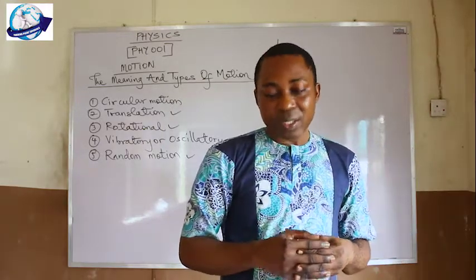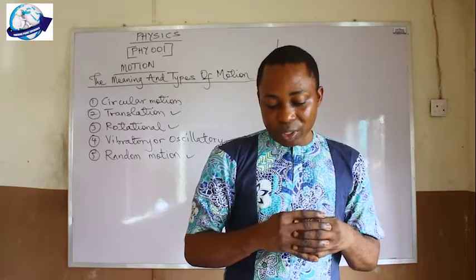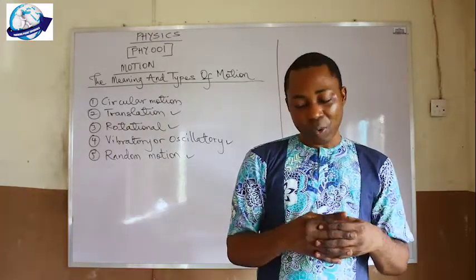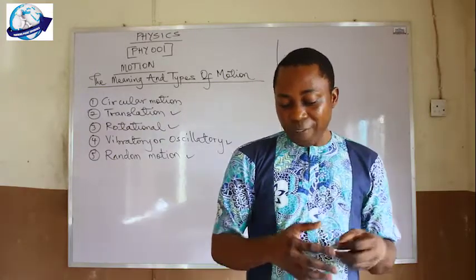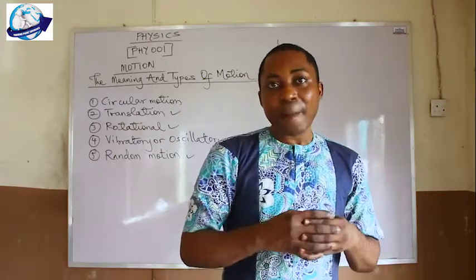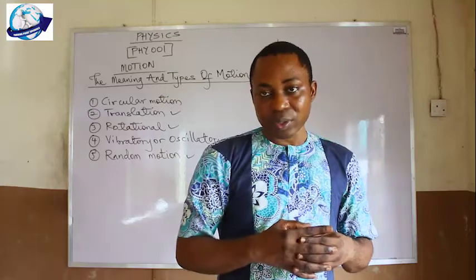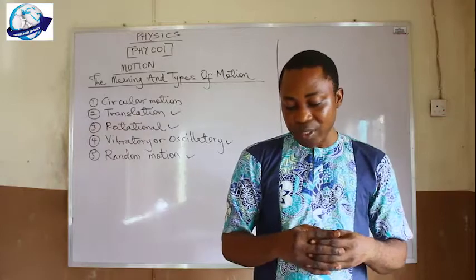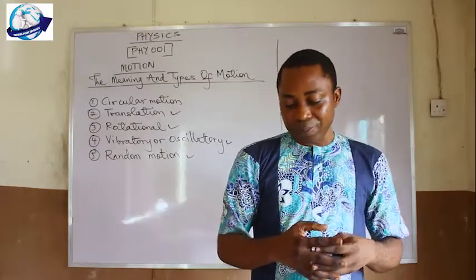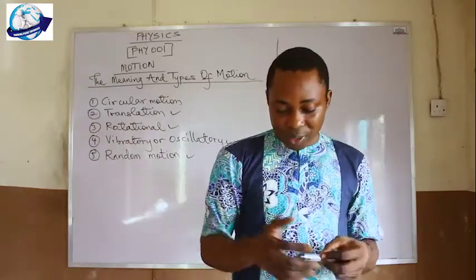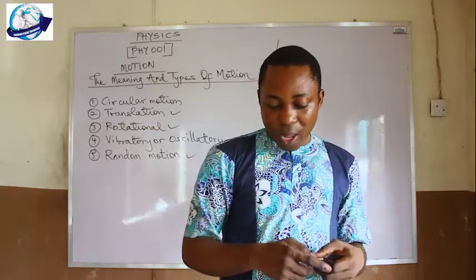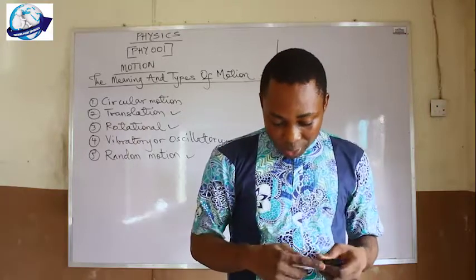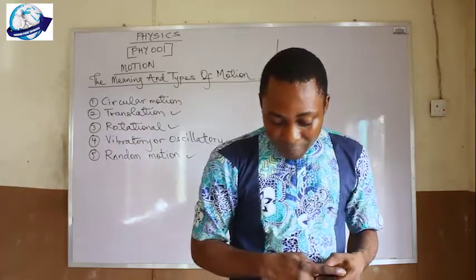Scalar quantities are physical quantities that require only magnitude, with no direction needed to describe them. A vector quantity is a physical quantity that requires both magnitude and direction to completely describe it. Very, very important.